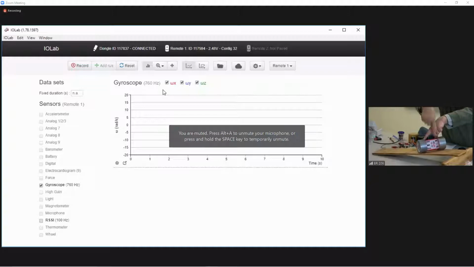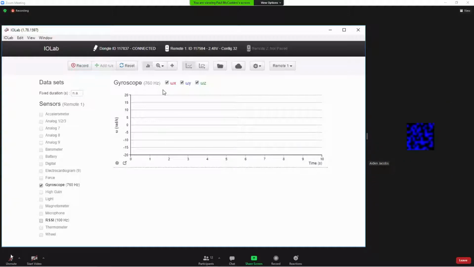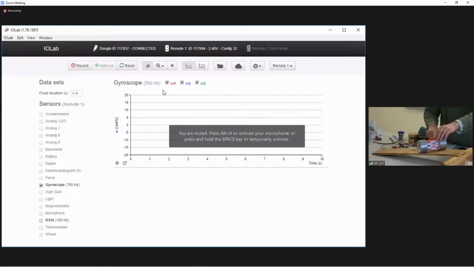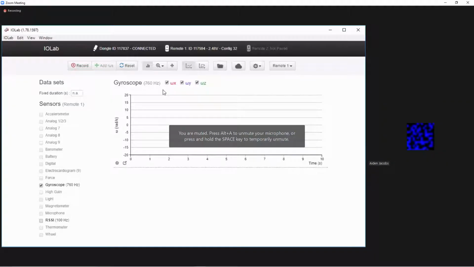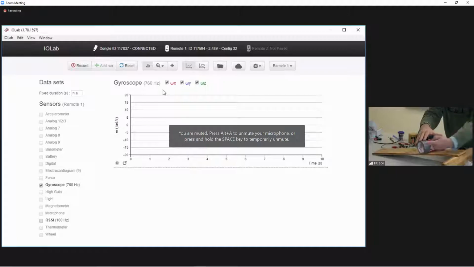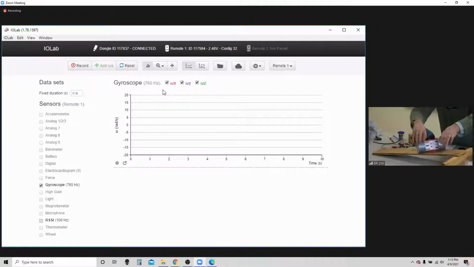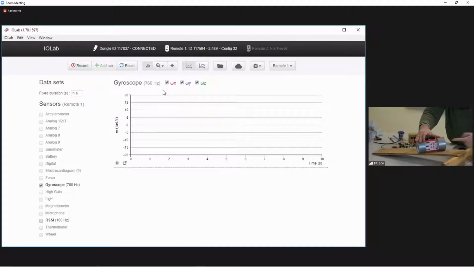Yeah, my bad. It's not rotating on that axis. Which axis? Z? Z is this axis. It's not rotating on this axis. Best 1 out of 3. It's rotating about the y-axis, right? It's rotating this way. That's rotating about the long axis of the iOLab. So the only omega we care about is omega y.